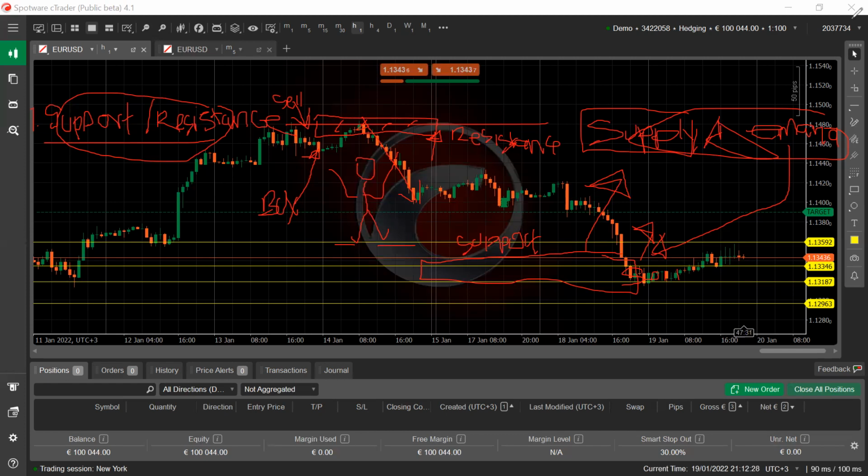You can't penetrate. And because it's resistance, if there's enough pressure and the sellers actually break through, we say that it has become a supply zone. Similarly, down here it is a support zone. However, if there's enough pressure coming from down going up, then this becomes what we call a demand zone, because of the buyers.